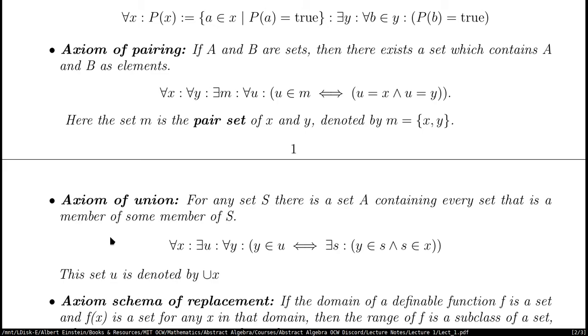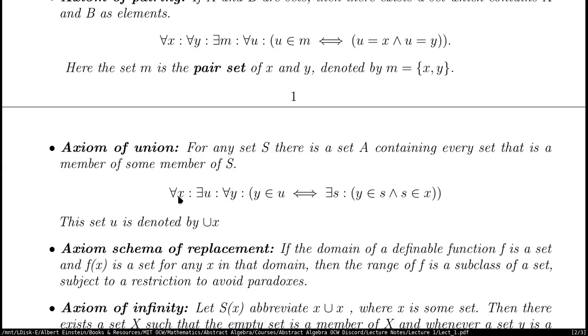So essentially S has a lot of sets, some of them like its subsets, and then there is a set A which contains every set that is a member of a subset of S. So let's see this logically.